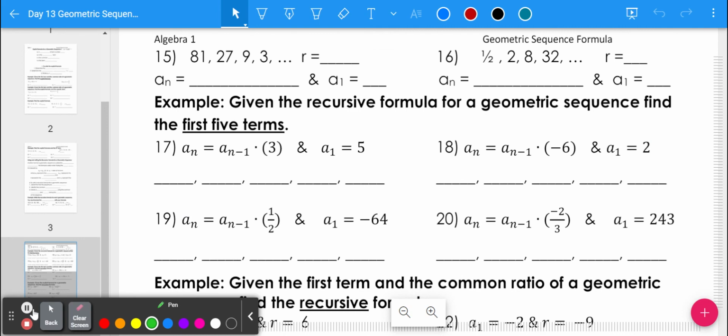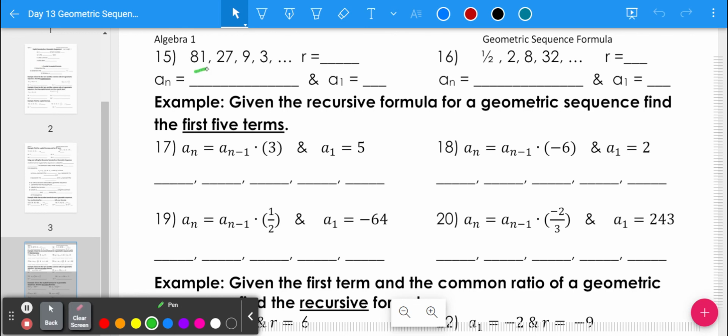All right, for 15, we're doing the same exact thing. If I need to first identify my first term, which is 81. If I need to find my common ratio, you can take 81 divided by 27, where I get, I'm sorry, I did that backwards.